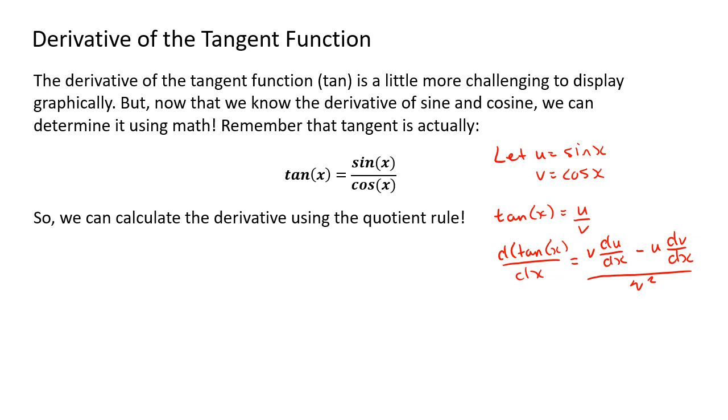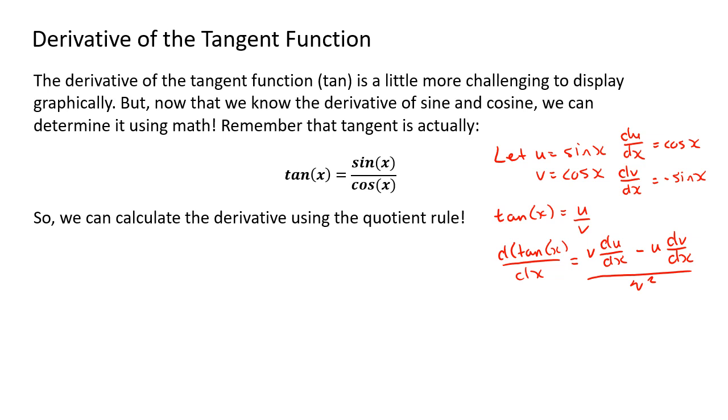So we know simply the derivative of the function u, du by dx, is simply cosine of x. And the function v is cosine, so the derivative of the function v is simply the negative sine of x. Okay, we just established those in our previous slides.